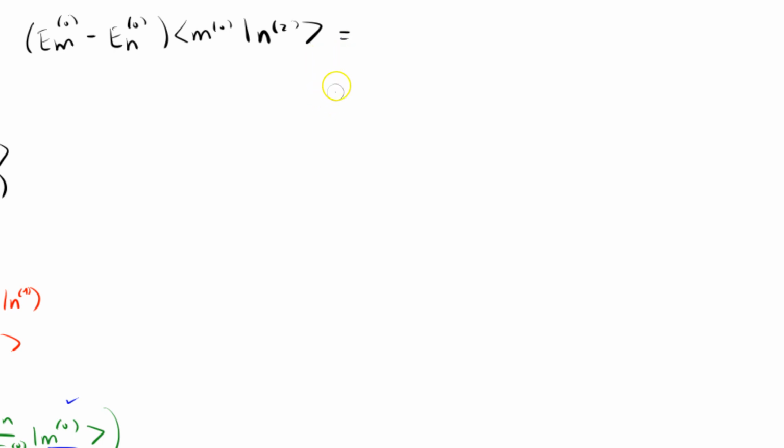Okay, now I'm going to plug in n1. So this guy is going to be negative en1, and then we're going to have a sum over, well now I can't use m because I already have m here. So let me use something else. In fact, let me write this in a different color to make it a little more lucid. Okay, we're going to have negative, and then en1 stays, and then we're going to have a sum, and instead of m, I'm going to say p, because we're summing over all the eigenstates.